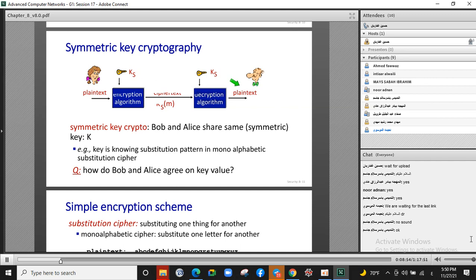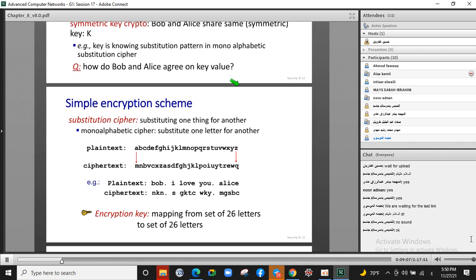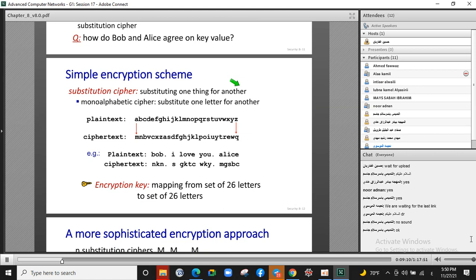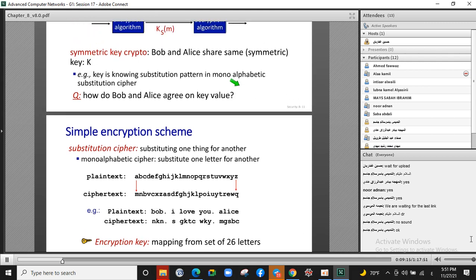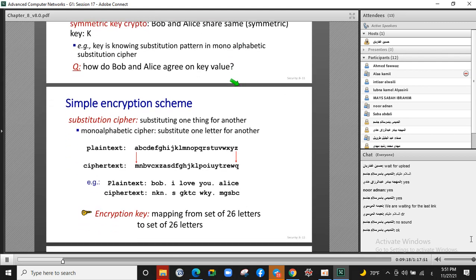Here we don't talk about the basics of a specific algorithm. We are talking generally about symmetric key cryptography. We can have several techniques. For example, we can use substitution ciphering.